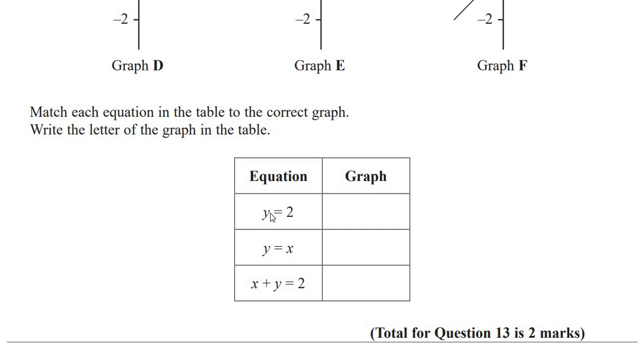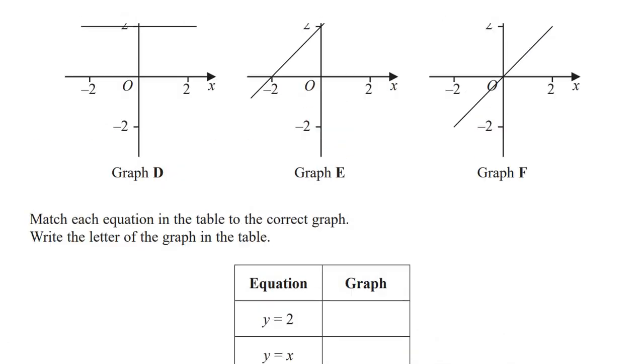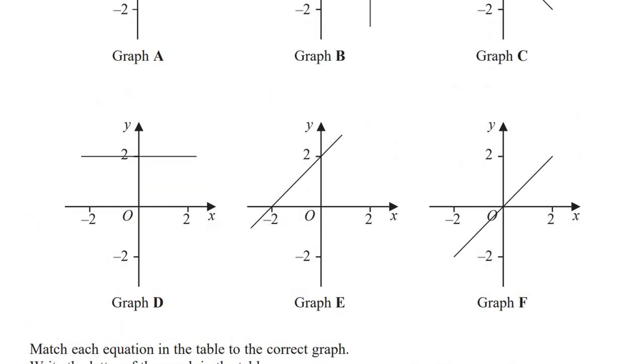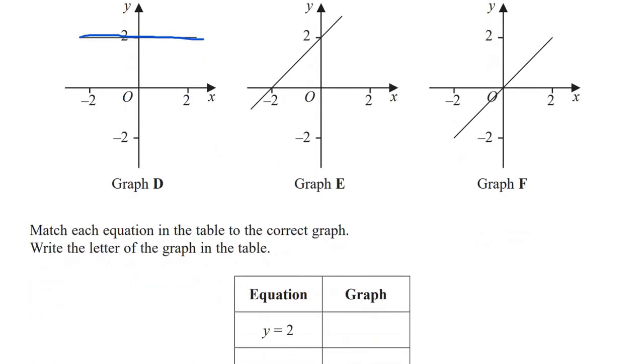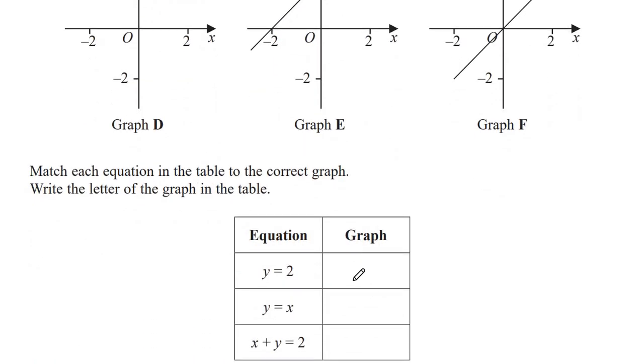Now y equal to 2. Let's see. So we need to find the straight line that represents y equal to 2. So this is the y-axis, and we can see a line right here at 2. So graph D must be the graph for y equal to 2. So we can write D here.